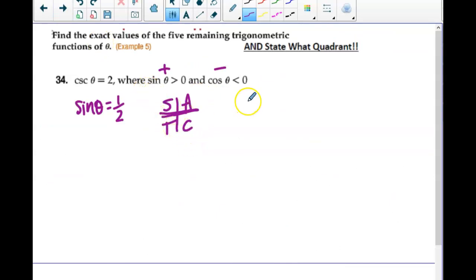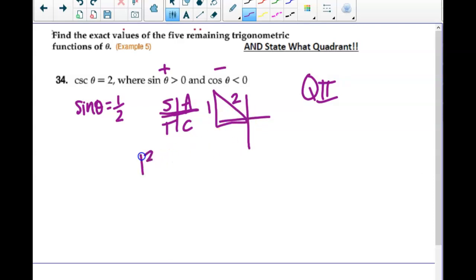Sine is positive, cosine is negative, is quadrant 2. Okay, opposite over hypotenuse is 1/2. What do I need to know if I'm in quadrant 2 though? What is this x value going to be? Negative. Yes? Okay, this time when I do leg squared, I don't know the other leg.